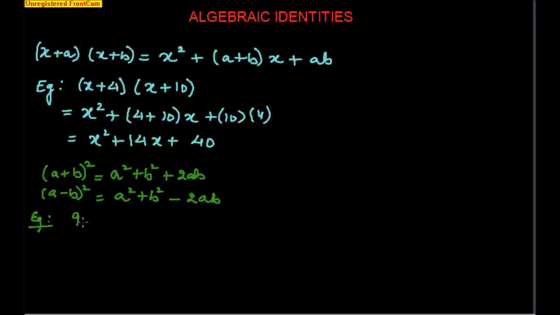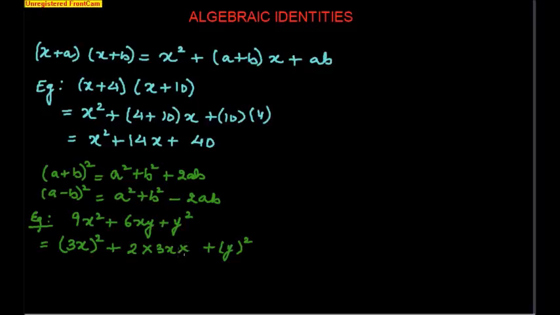Now if you have the question 9x² + 6xy + y², we know that 9x² can be written as (3x)² and y² can be written as (y)², and this can be written as 2 into 3x into y.